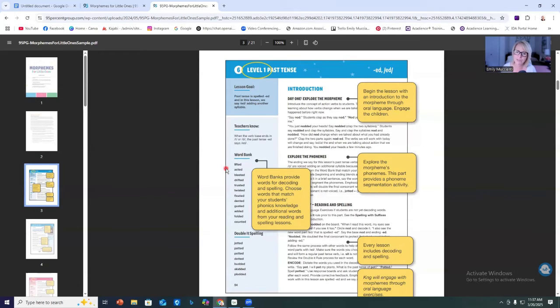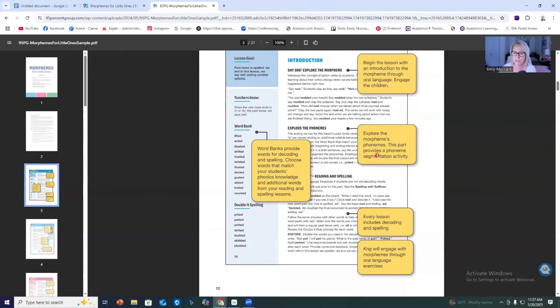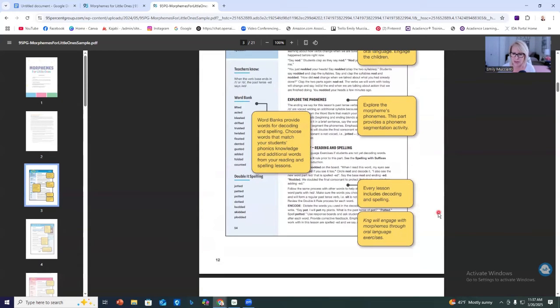Now, if we're doing this in kindergarten, there's going to be a lot less writing for the kinders, and it would be more either display or even just verbal. So we can see that there is an explanation of that morpheme. There is a phoneme connection in every single lesson so that they are not only hearing the morpheme, but they're also hearing the individual phonemes. And so there's a connection to that.